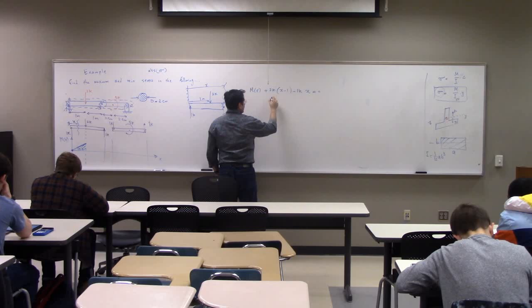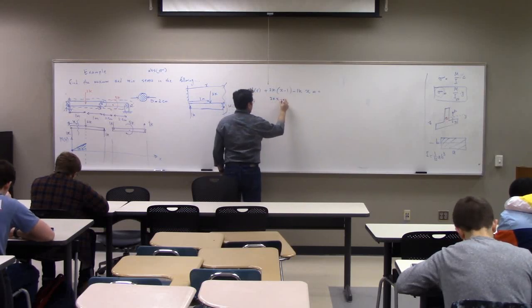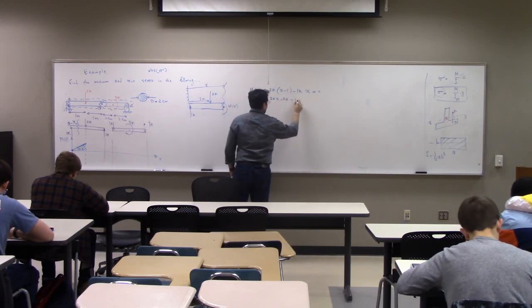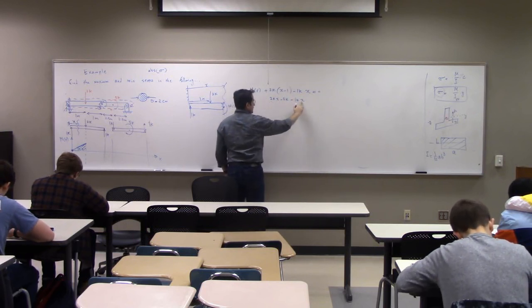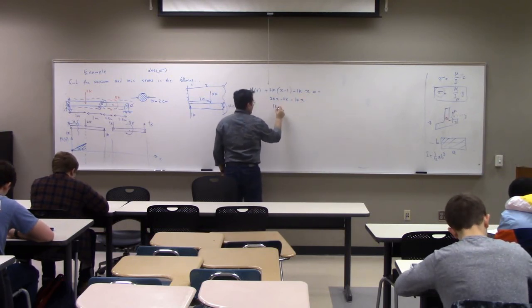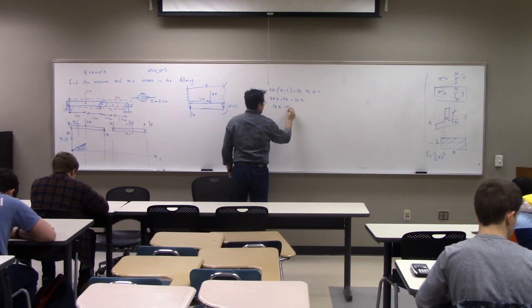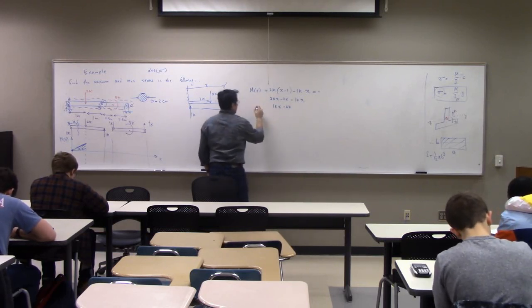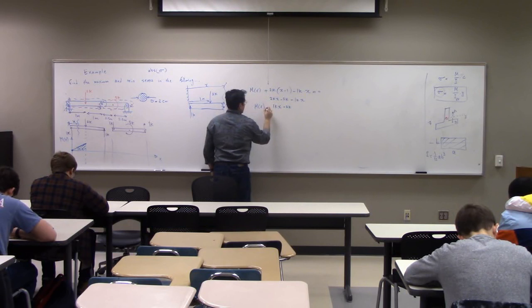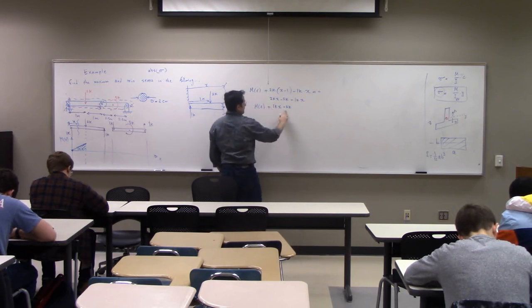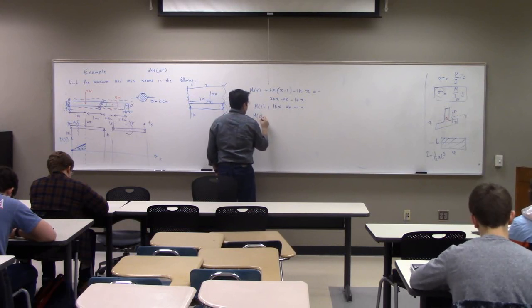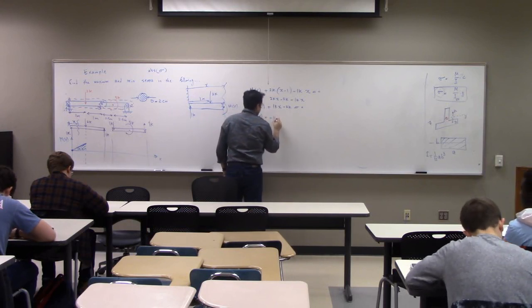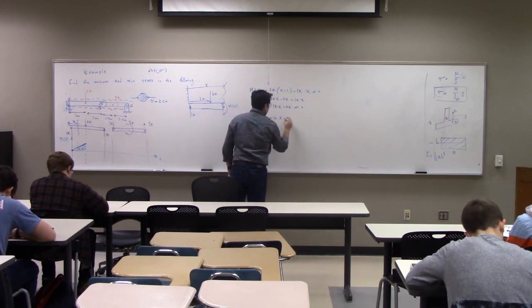Expand that, you get 2K times X minus 2K minus 1K times X. Then 2Kx minus 1Kx is 1Kx minus 2K plus the moment, so MX plus 1Kx minus 2K is equal to 0. Take everything to the right. Then the moment at X is equal to negative 1Kx plus 2K.